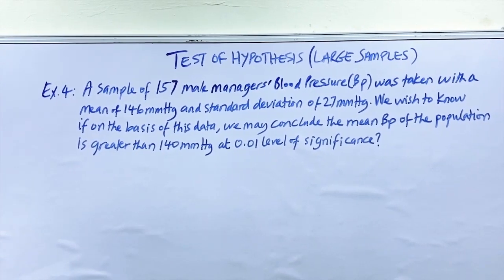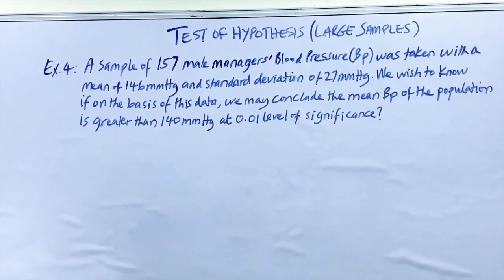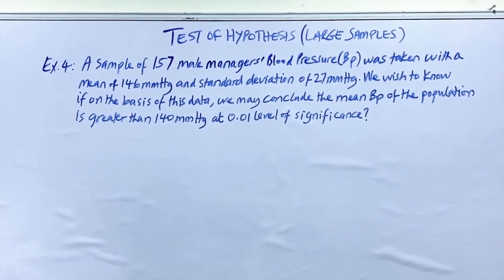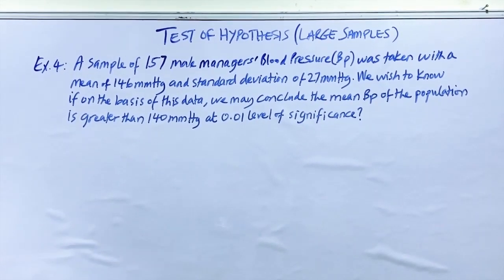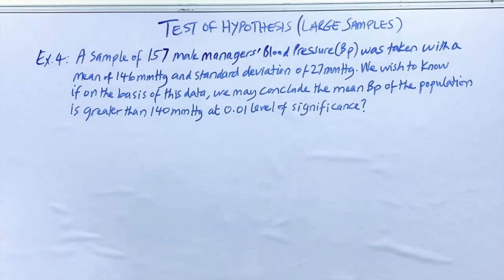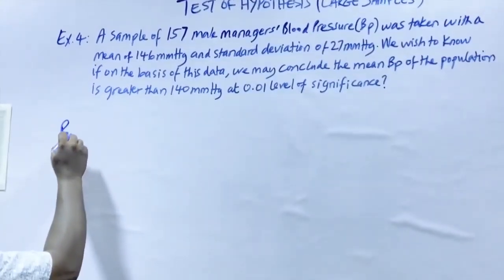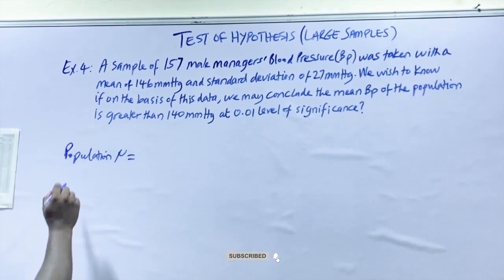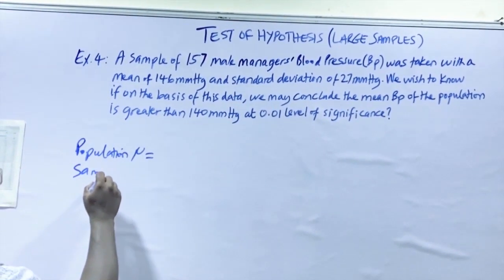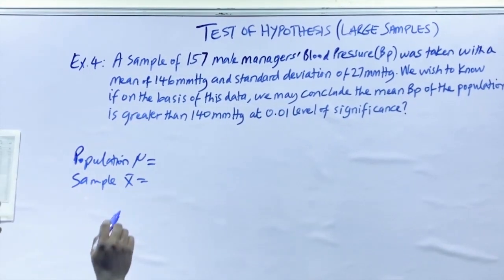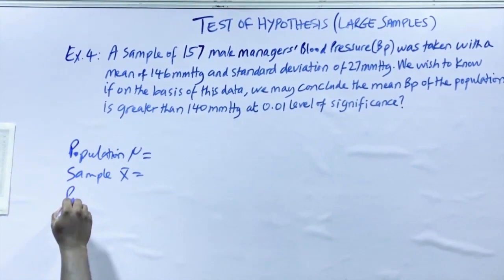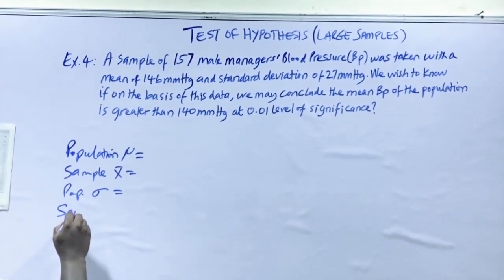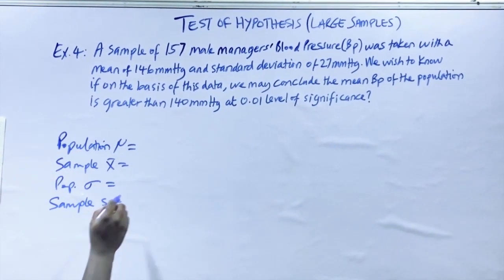Normally, if you're given a question, you need to identify the key information from it. In the case of test of hypothesis, we have to identify the population mean, the sample mean, and whether we have a population standard deviation or a sample standard deviation.